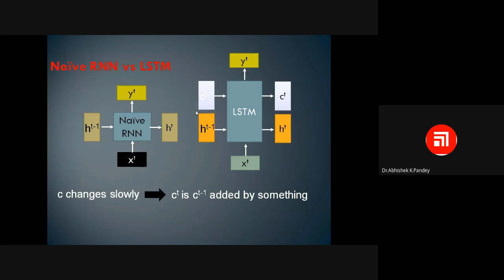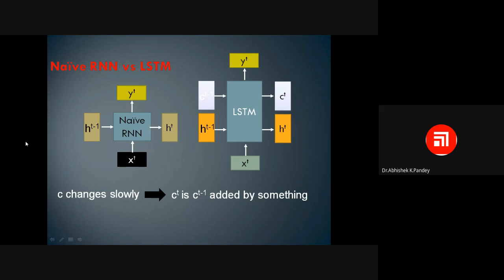The LSTM consists of 3 parts, and those 3 parts are shown in the image. The first part chooses whether the information is coming from the previous timestamp or not. There is an X, a Y, an H, and a C, which changes slowly.